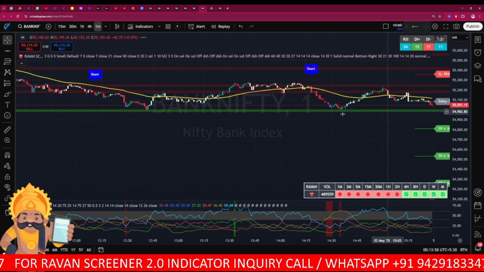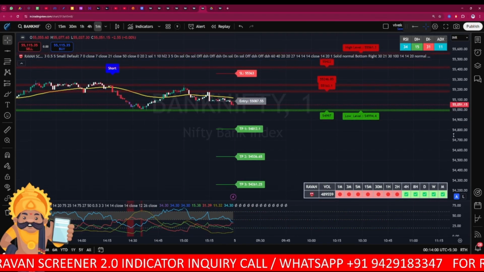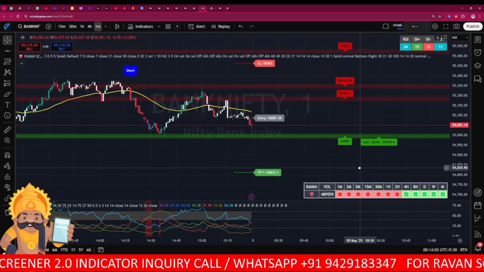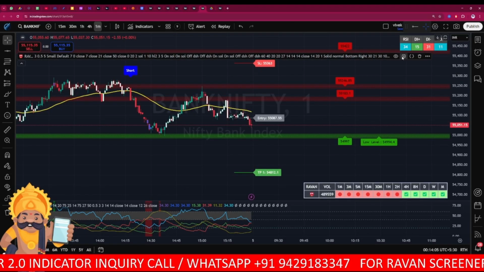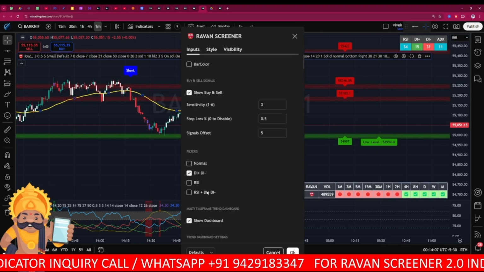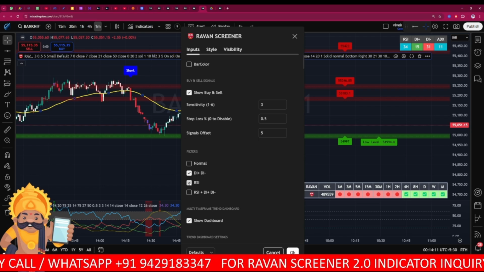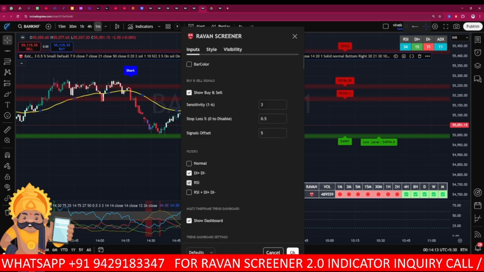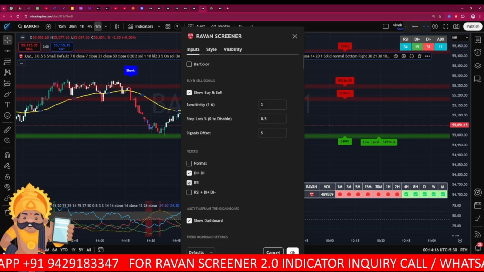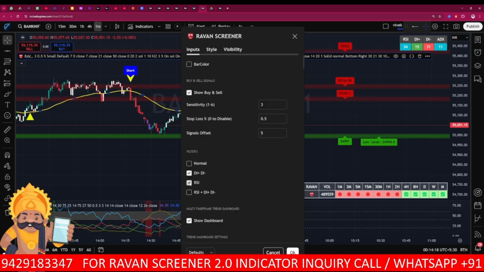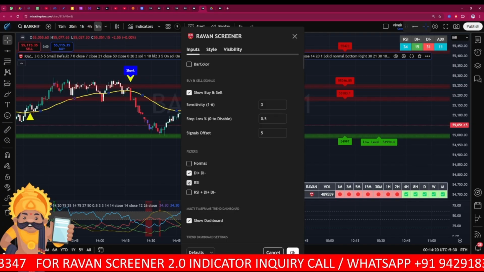Next, my condition is RSI. RSI is also a good tool to confirm the specific trend. Once I click on RSI, the condition is that if RSI is above 60, we will get confirmation, which shows up as a yellow arrow.